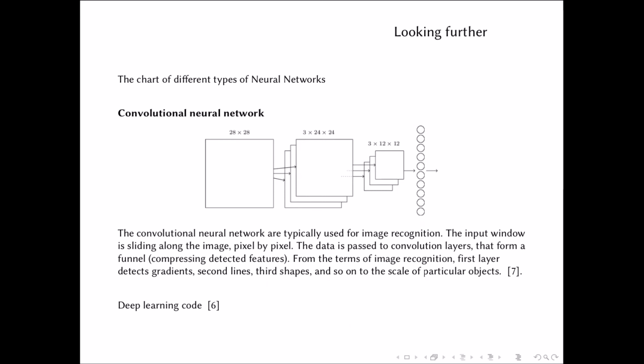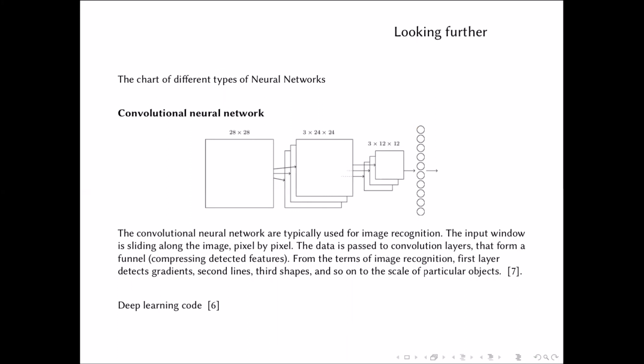So we input this matrix here, and then the data is passed to the convolutional layers. In terms of image recognition, the first layer detects the gradients, the second the lines, the third the shapes, and so on, and then up to the scale of particular objects.